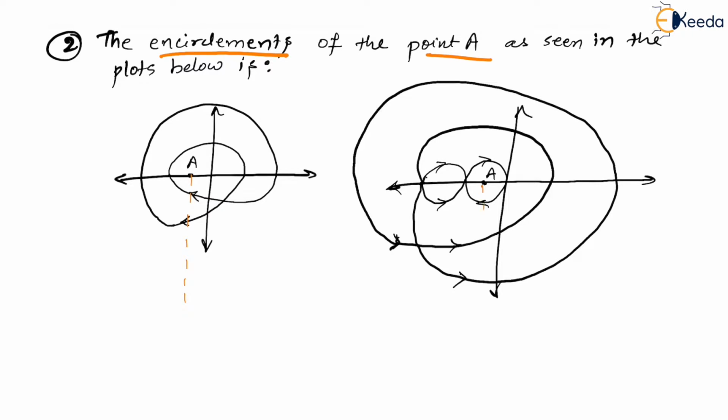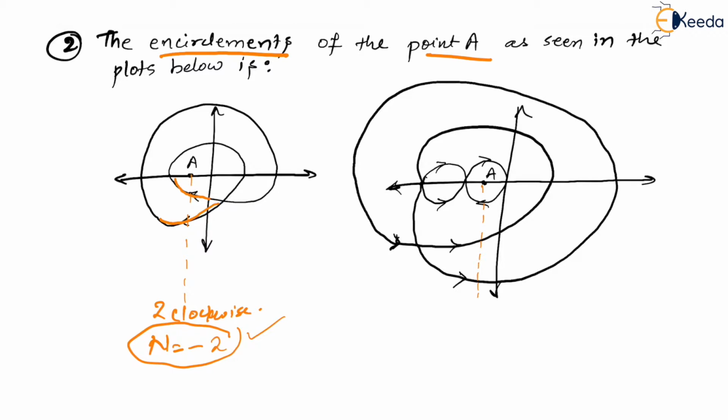Similarly, we will project this A here down, right? Now after this, you see that you have this one intersection which is in the clockwise direction and another one also which is in the clockwise direction. So I can write you have two clockwise directions, right? This means that n is equal to -2. Very simple. Encirclement for the first one you have got.